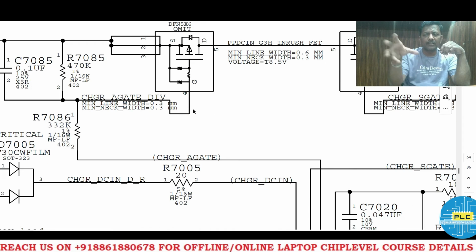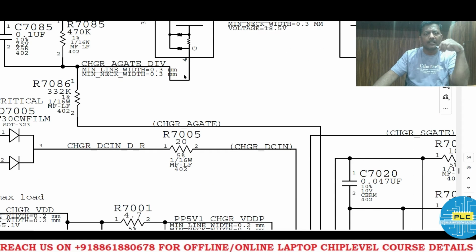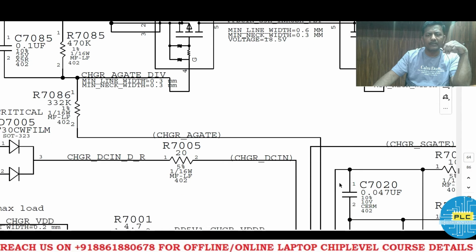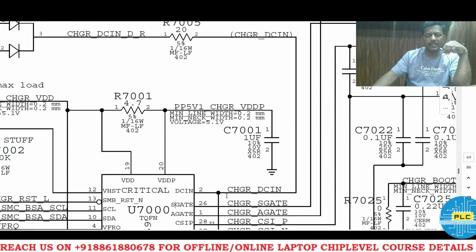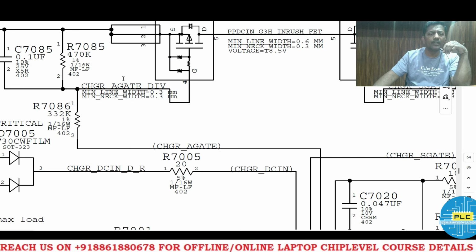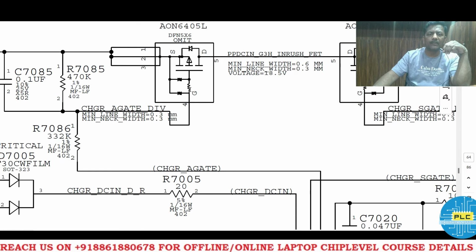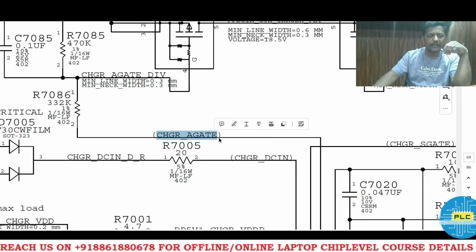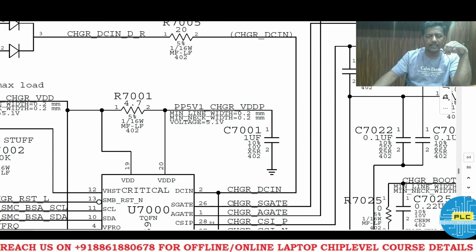Some common topic will be there. According to that, we have to identify. See, this voltage divider is given from this IC. Means this IC is giving the gate voltage. First gate, what is that? Name, charge A gate. Here, charge A gate.